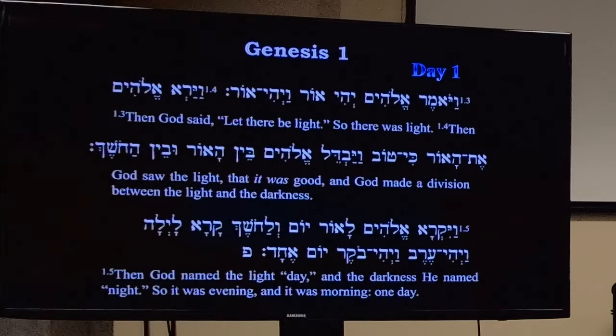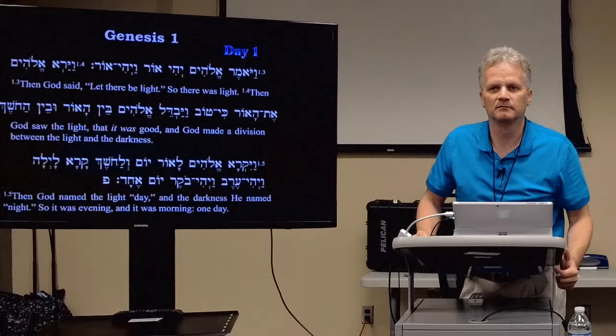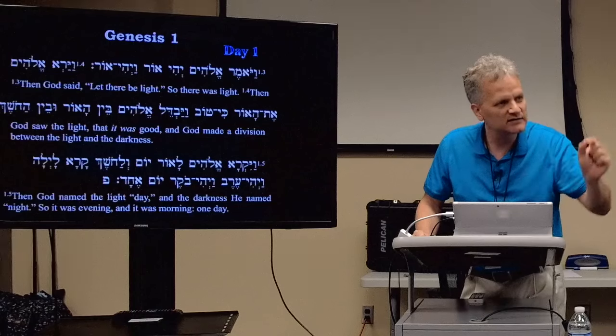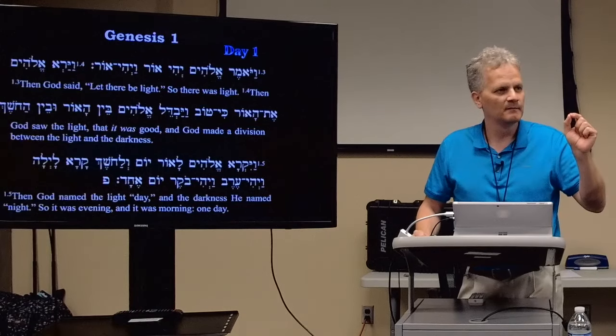It's the turning of the earth on its axis, one time around, which is able to distinguish between the darkness and the light, right? He made a division between the light and the darkness. He named it the light day, and the darkness he named night. So it was evening and it was morning. It turned once on its axis. And then he's saying, definition, one day. One day. That comprises one day.